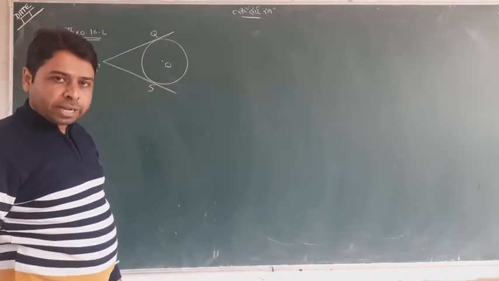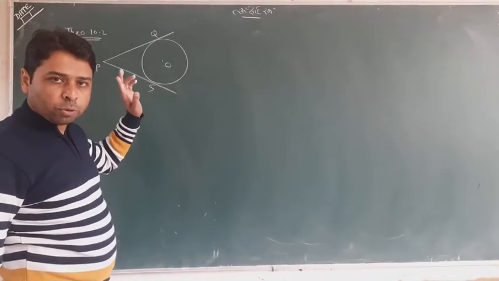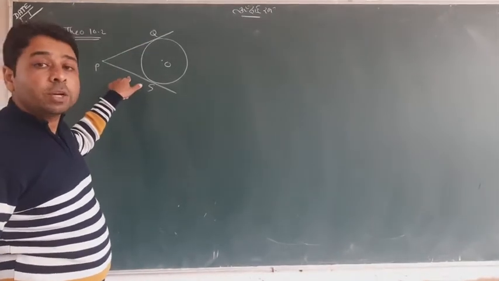PQ and PS are tangents drawn to the circle with center O and radius R. We have to show that these two tangents are equal in length.